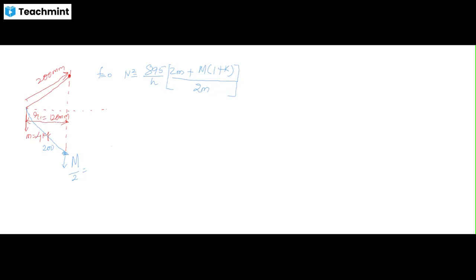Now in this case, k will become 1 because arm lengths are equal and the upper position and lower positions are pivoted on the axis of rotation.